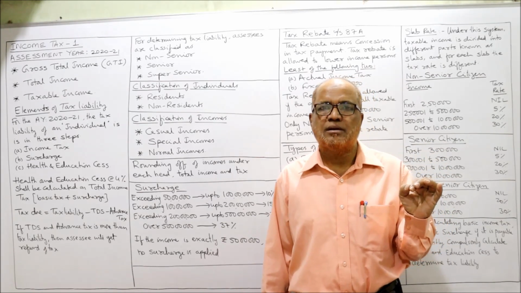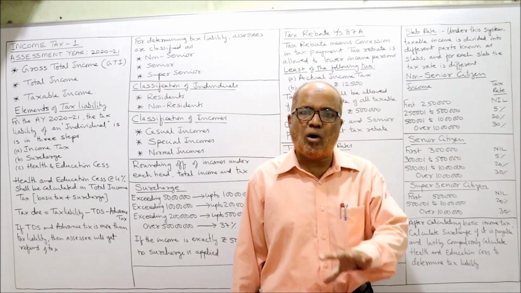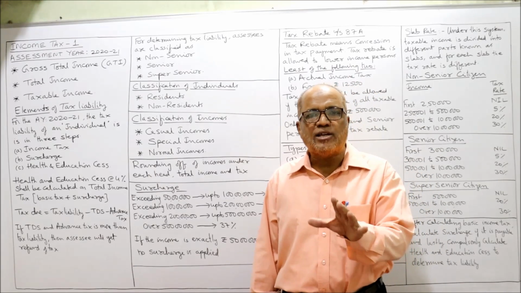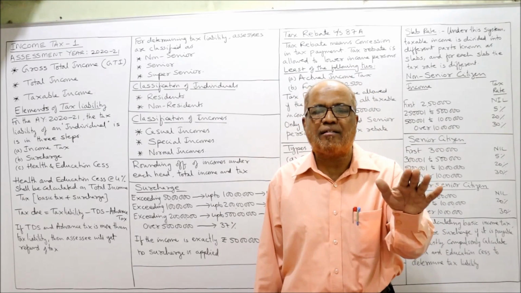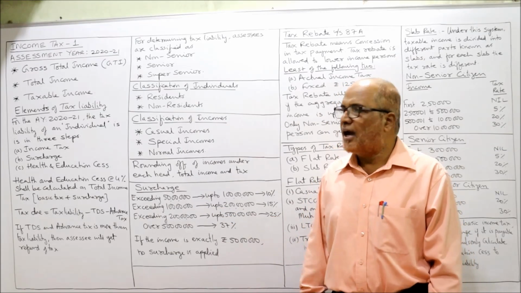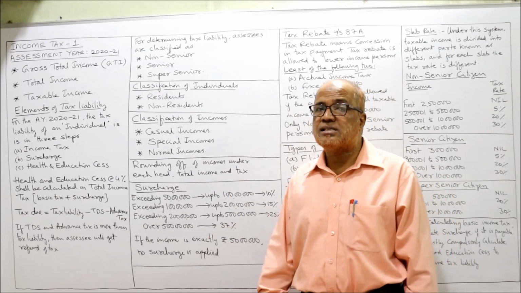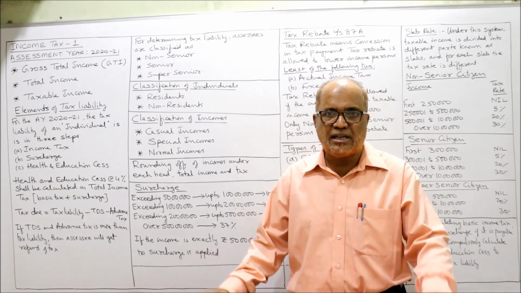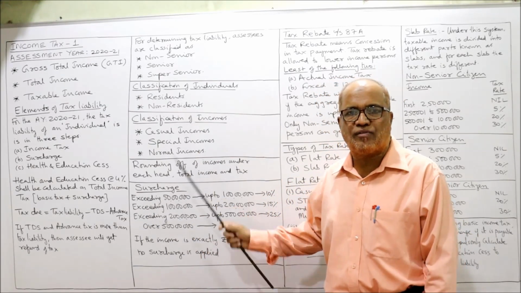All these are called casual incomes. On casual incomes, there is a flat rate of tax of 30%. And one more thing, no basic exemption is allowed in case of casual income.